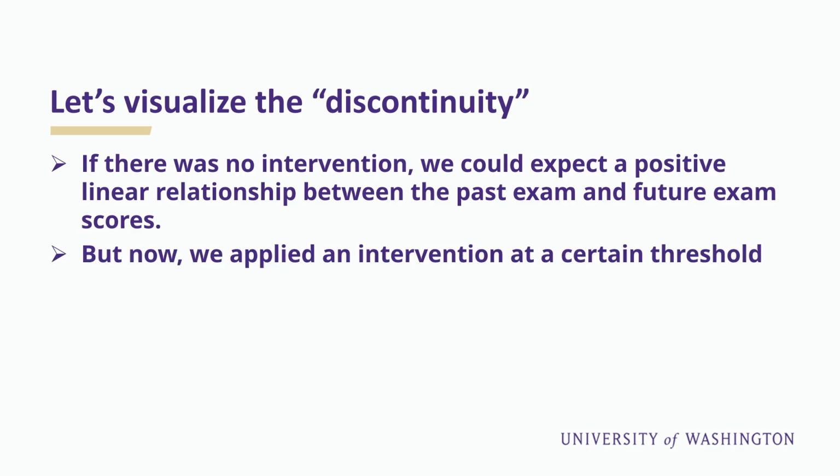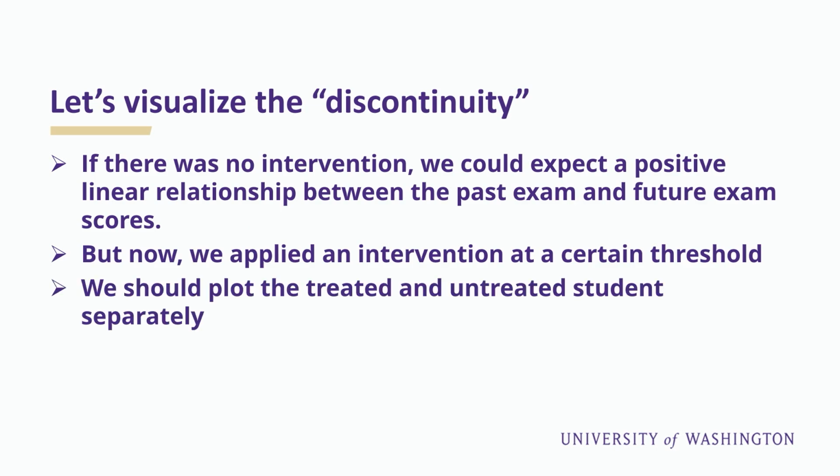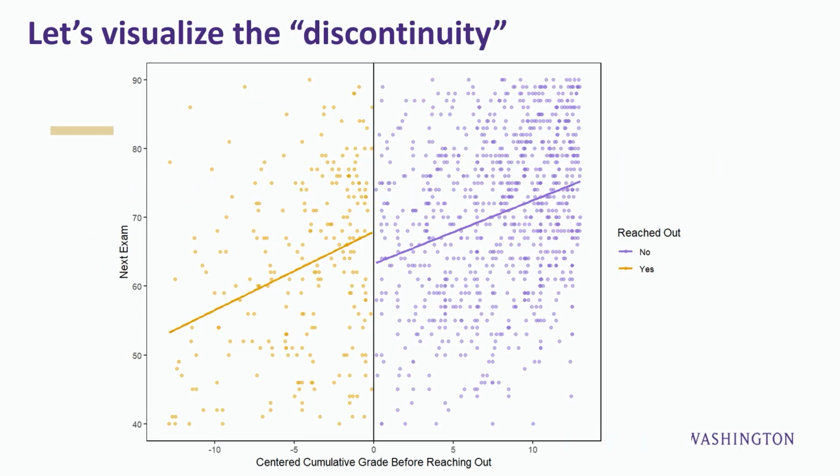But now we have applied an intervention at a certain point. So we would expect two different regression lines, one for students who got the intervention and one for students who didn't. So let's see that. The purple line is the regression line for students who didn't get the intervention, and the golden line is the regression line for students who really got the intervention.